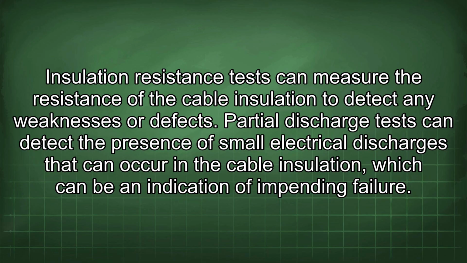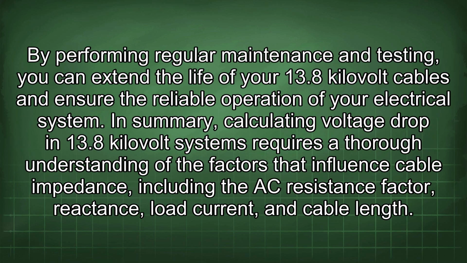Partial discharge tests can detect the presence of small electrical discharges that can occur in the cable insulation, which can be an indication of impending failure. By performing regular maintenance and testing, you can extend the life of your 13.8 kilovolt cables and ensure the reliable operation of your electrical system.